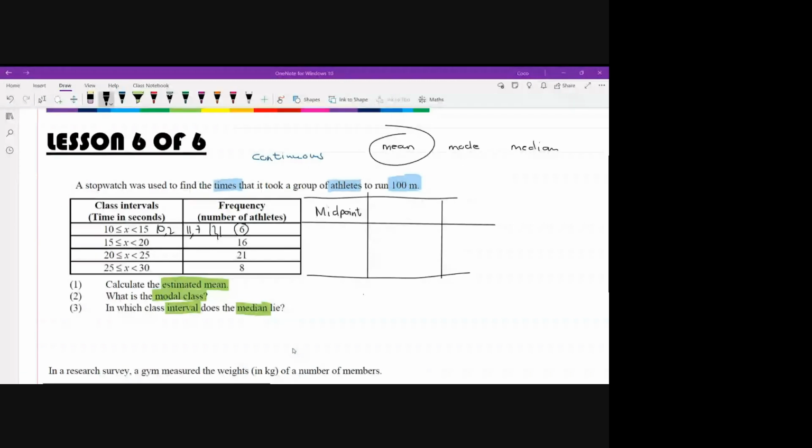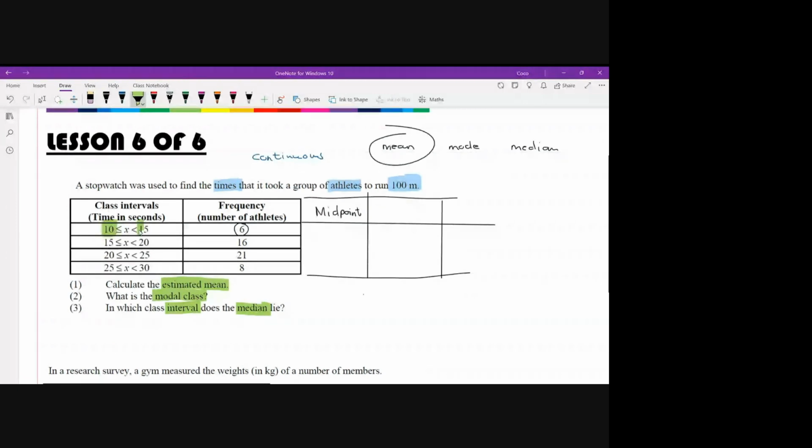Okay. So instead of us looking for the range of all the numbers because they haven't given it to us, we're going to find the midpoint of our class interval because that would give us kind of sort of the most accurate value that we could find for that class interval. Our lowest value was 10.